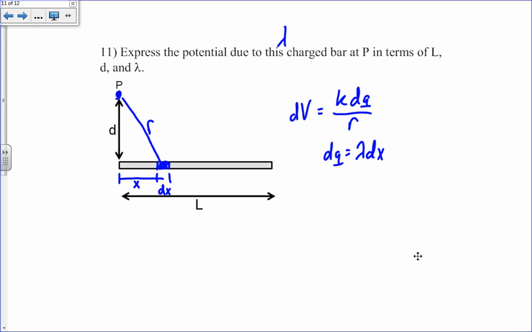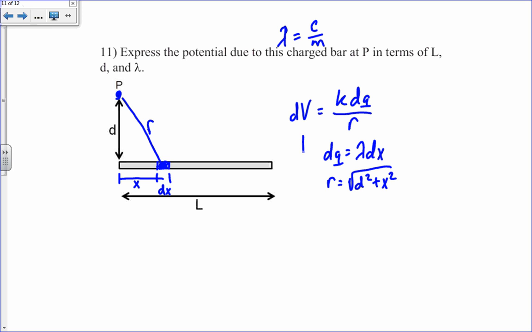Remember, lambda is the line charge density in this case. It's measured in coulombs per meter. So how much charge per unit length is there? Further, I can say that r in terms of d and x by the Pythagorean theorem is the square root of d squared plus x squared.